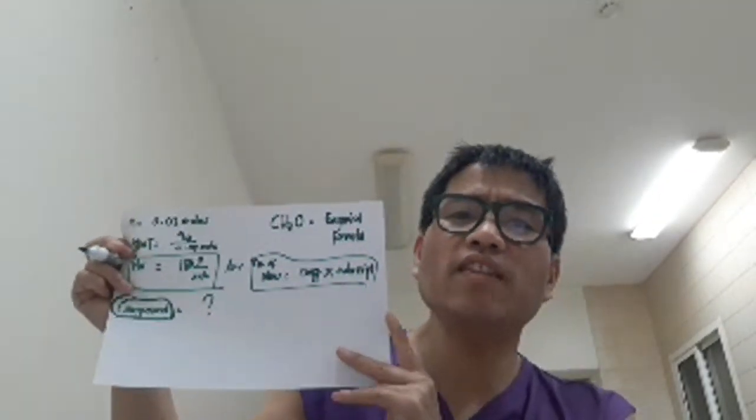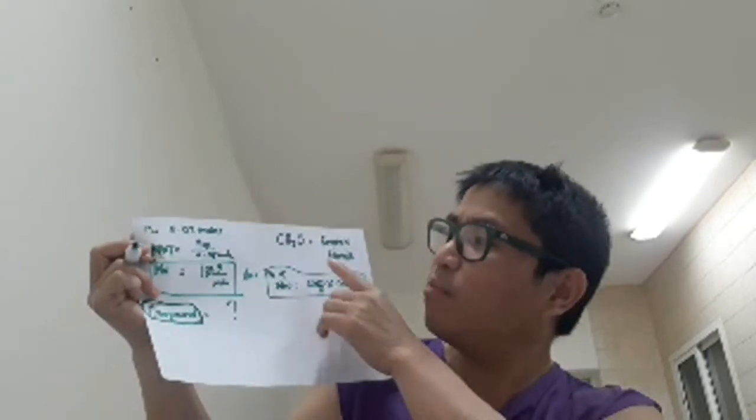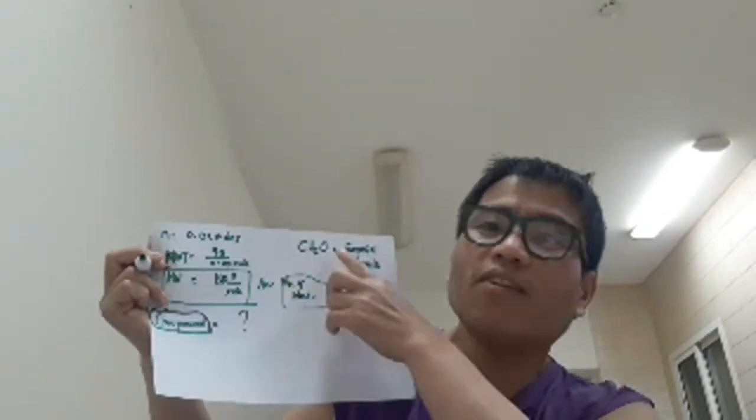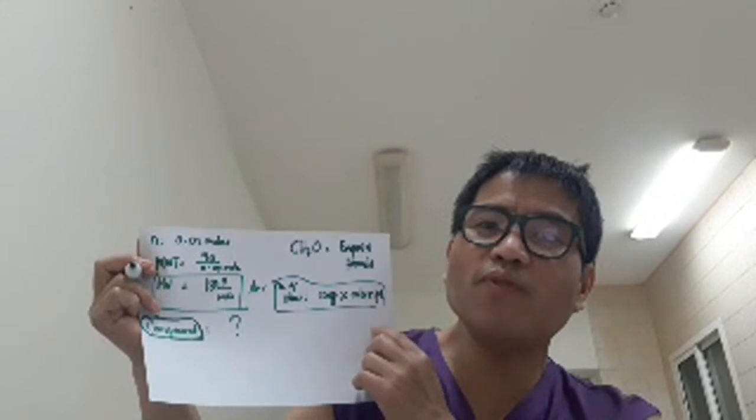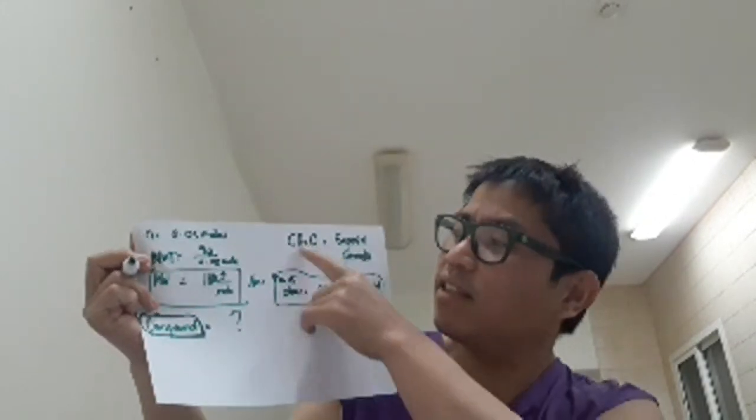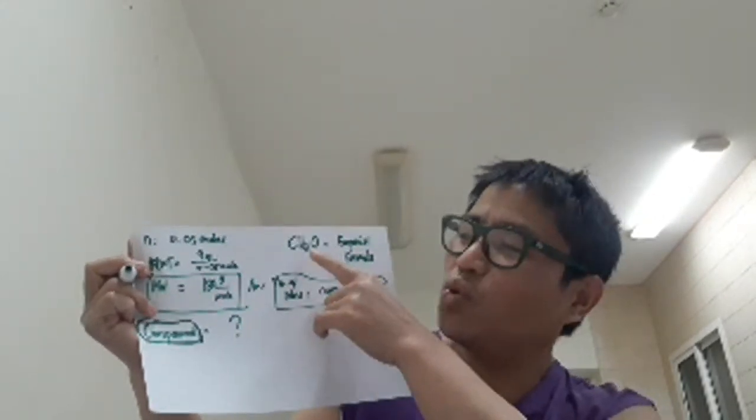This is mathematical terms. The coefficient is the number beside the compound or element, and the subscript is the number at the lower side. In CH2O, the 2 is a subscript.